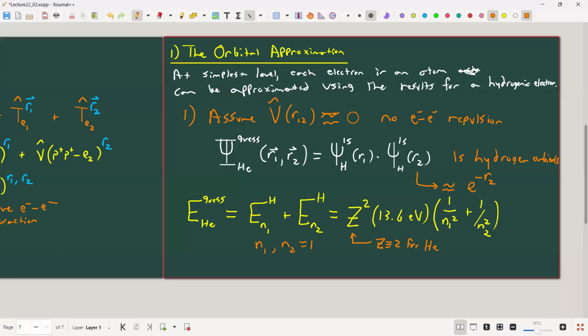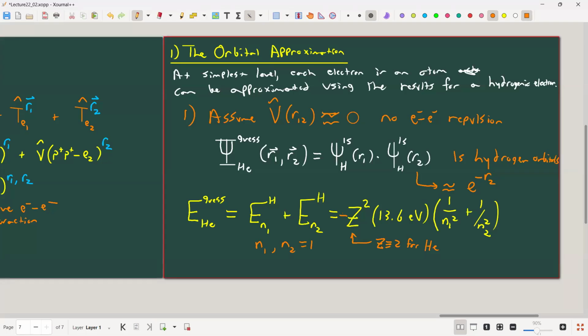And so n1 and n2 here are 1, so this just goes away. So this just looks like 4 times, well, sorry, I forgot a minus sign on the outside. Minus 4 times 13.6. Remember, minus 13.6 was the hydrogen ground state, 1s. So this is 4 times that, oh sorry, it's 8 times that. We have 1 over 1, that's 1, plus 1, 2.